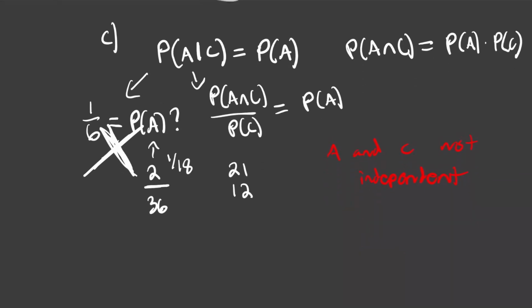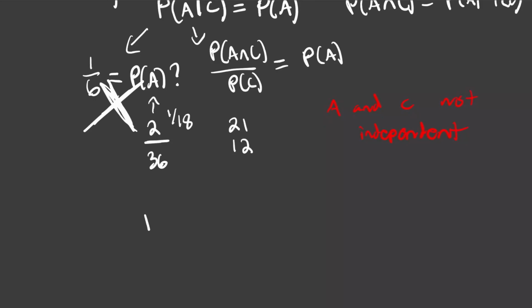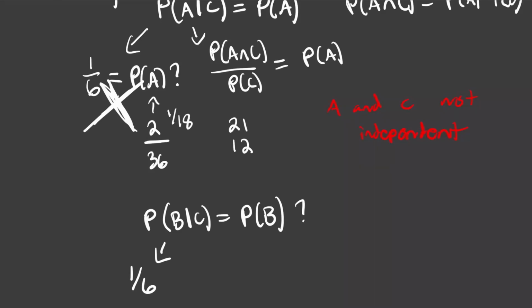All right, now let's check if B and C are independent, the other part of part C. So again, we ask ourselves, is the probability of B given C equal to the probability of B with no condition? Well, we already calculated the probability of B given C in part B, and we got 1/6. So B is the event that the sum of 2 dice is 7, so we have 36 ways to roll 2 dice, and how many of them sum to 7?